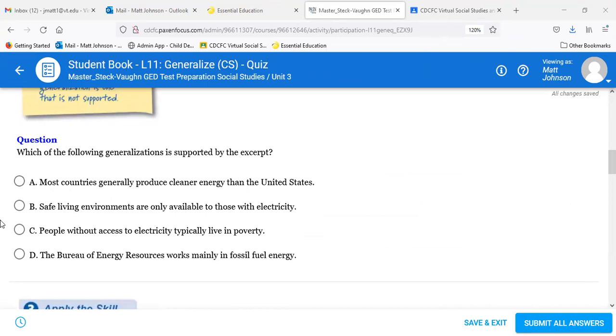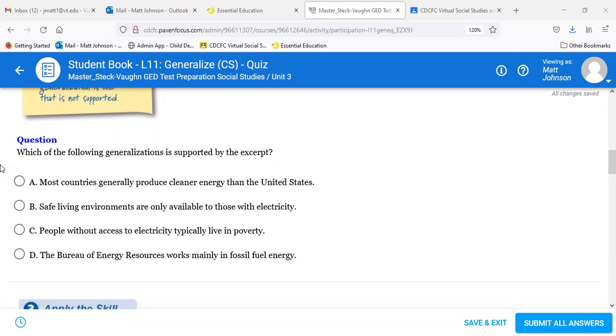Which of the following generalizations is supported by the excerpt? A. Most countries generally produce cleaner energy than the United States. B. Safe living environments are only available to those with electricity.